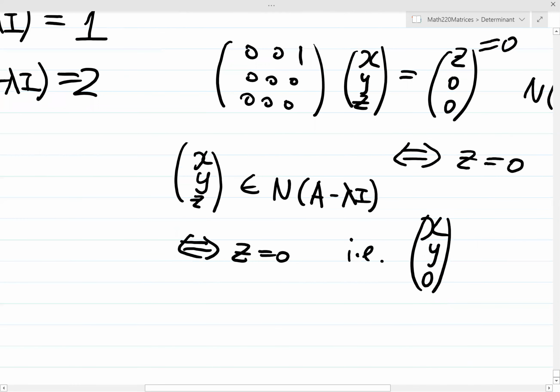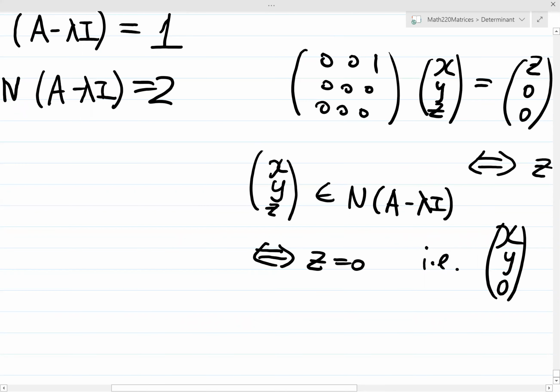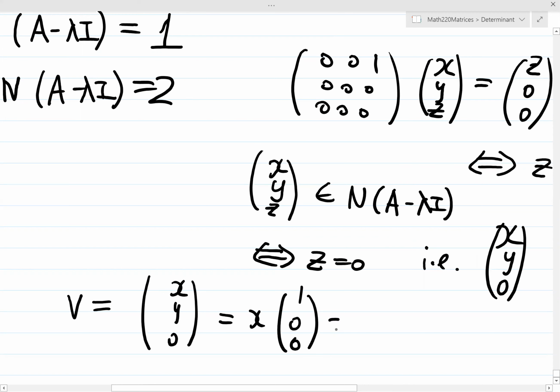So in this case, the eigenvector v will be a vector x, y, 0. So it's x multiple of 1, 0, 1 plus y multiple of 0, 1, 0.